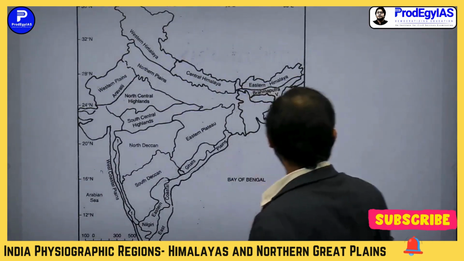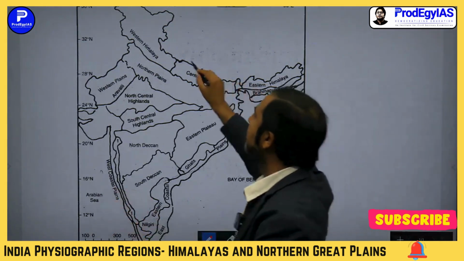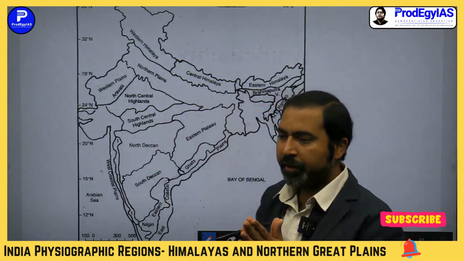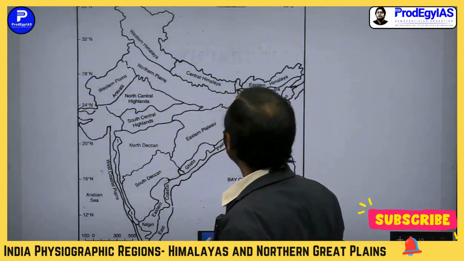This is a very beautiful map, and you have to practice this map because this is showing all the physiographic divisions of India, not only major but even minor physiographic divisions.